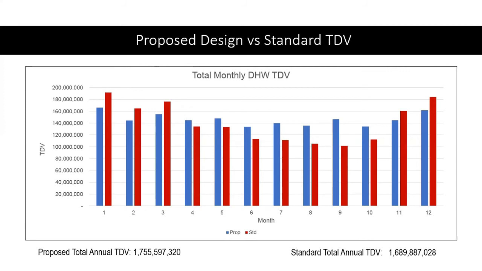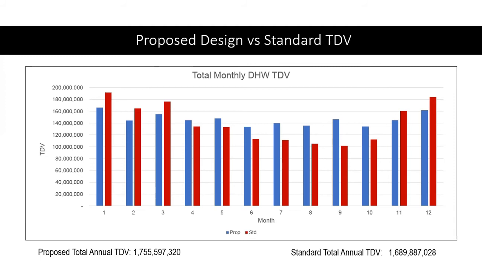It incorporates societal and environmental impacts into the cost of energy during the given hour of the year. We took the overall energy use of the building for both the proposed and the standard, and we determined the TDV values by taking the 8760 data and multiplying it by a TDV factor.